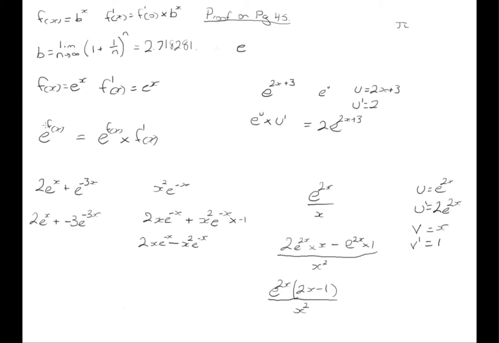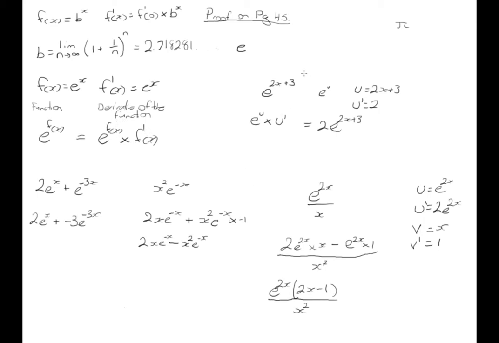So if we've got e to the power of some function, f of x, the derivative of it is e to the power of f of x, like it has been, but we multiply it by the derivative of the function.